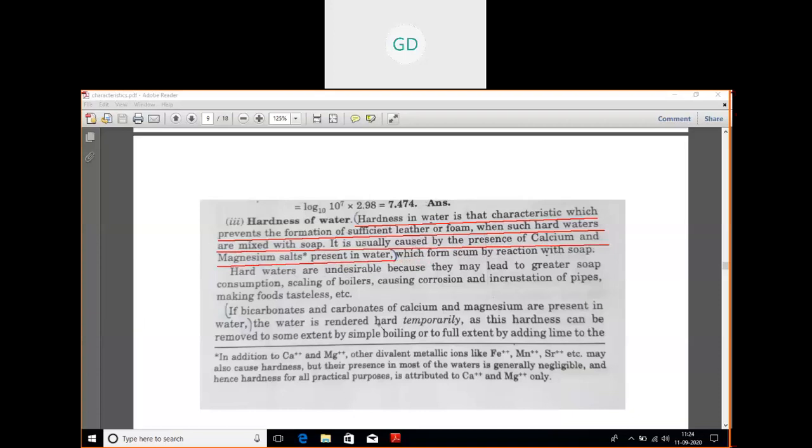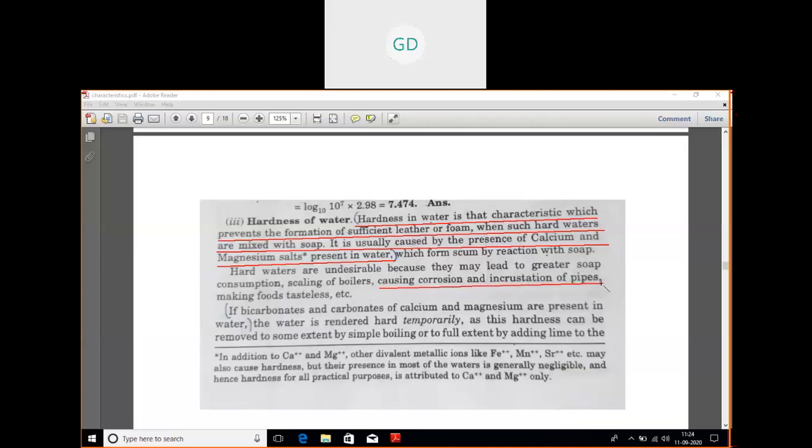After that, you can also write that if hard water is used in greater consumption, it will cause corrosion and incrustation of pipes.